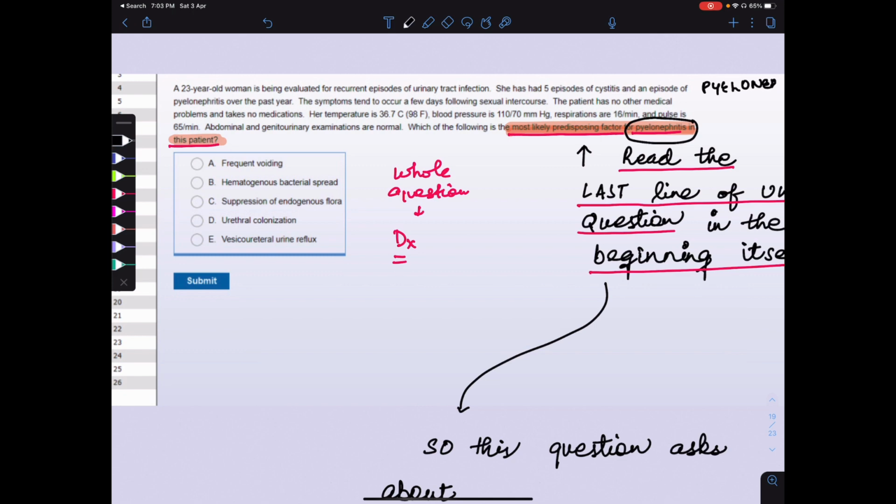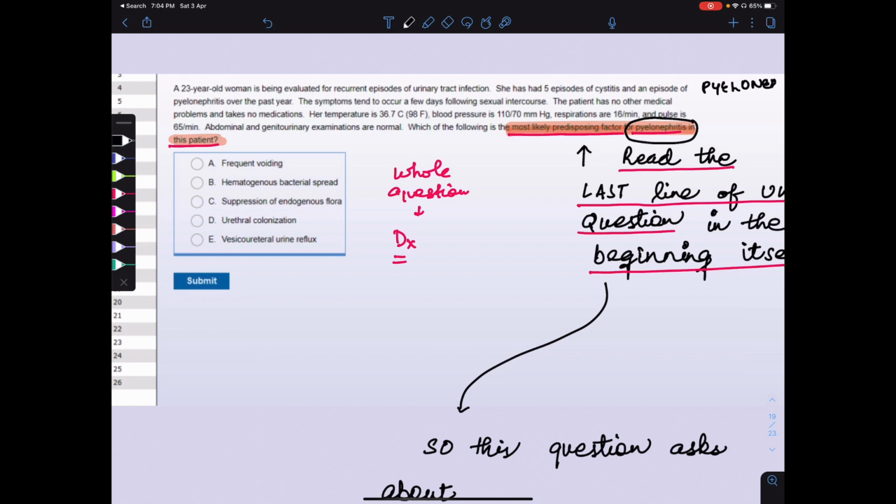Renal parenchyma is involved. That means it is pyelonephritis, and the symptoms of pyelonephritis are flank pain, costovertebral angle tenderness, fever most importantly, plus the features of the UTI like cystitis, increased frequency, right? Increased frequency of urination, burning micturition, dysuria. These are the symptoms of pyelonephritis.